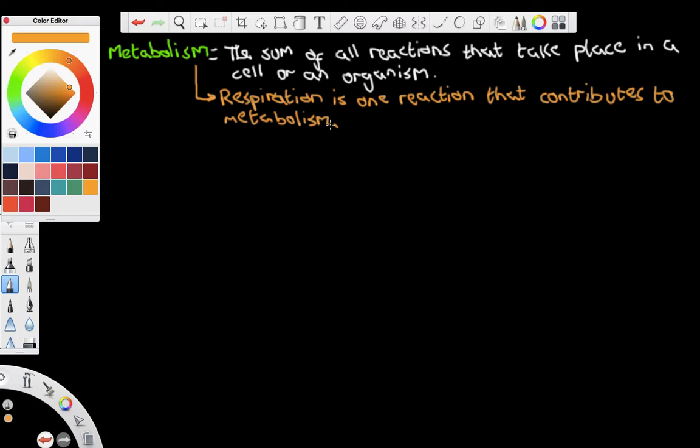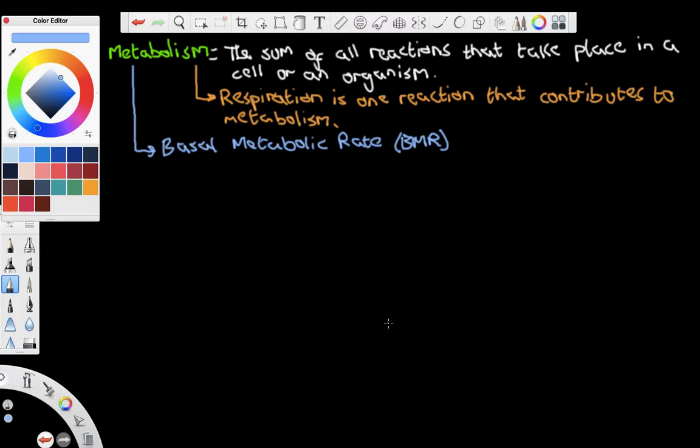Our basal metabolic rate, or our BMR, is the amount of reactions taking place in our body when we're completely at rest. So if you were to sit there and do absolutely nothing for an entire day, your basal metabolic rate would be the amount of reactions that are taking place when you're at rest.